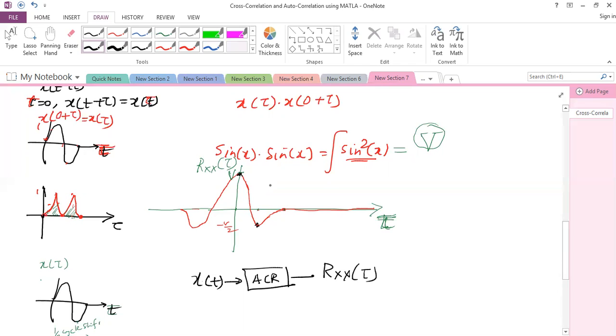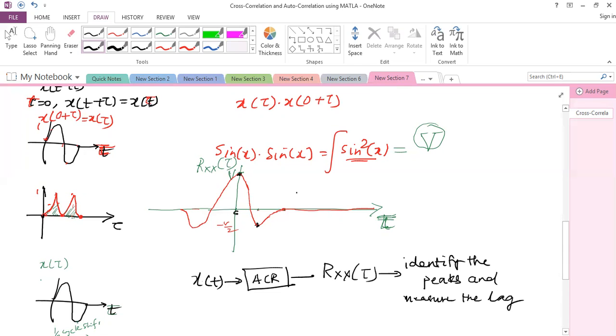Okay, we can identify these peaks, and from this we can identify the peaks and measure the distance or the lag, the time lag. So what is the time lag?